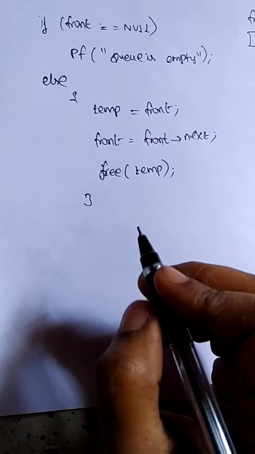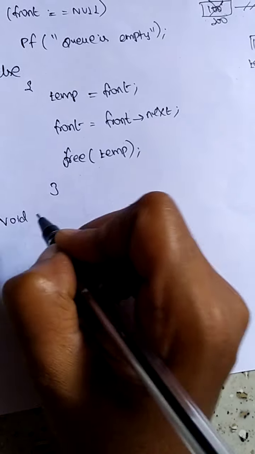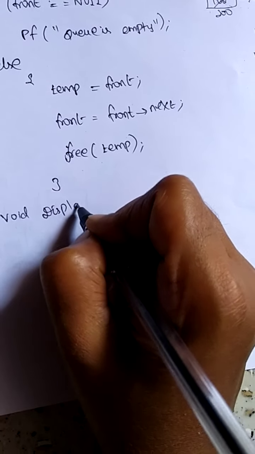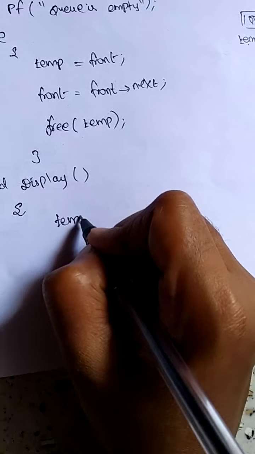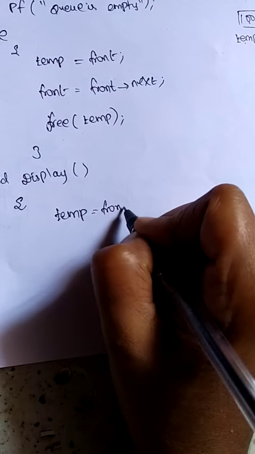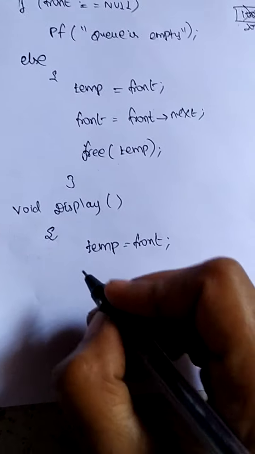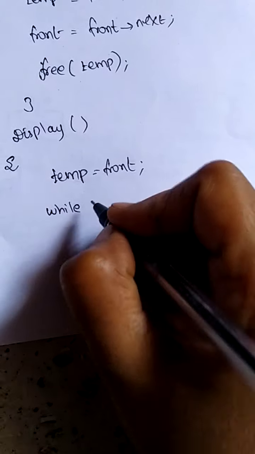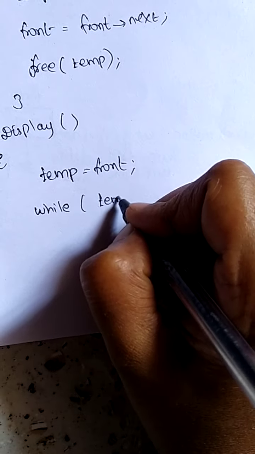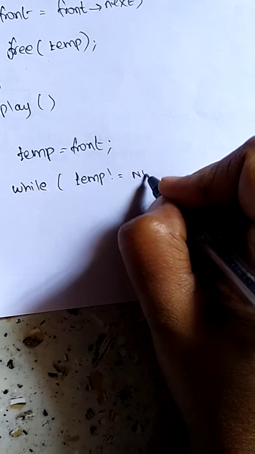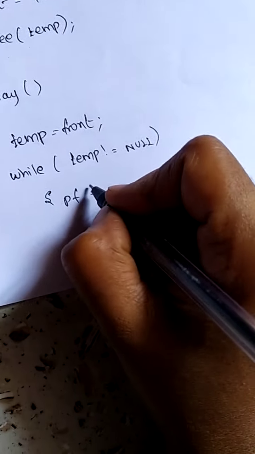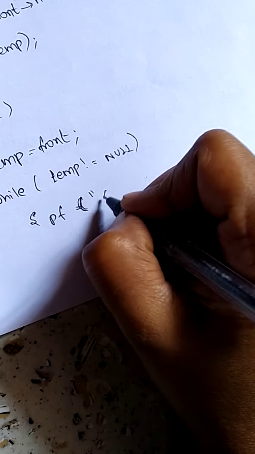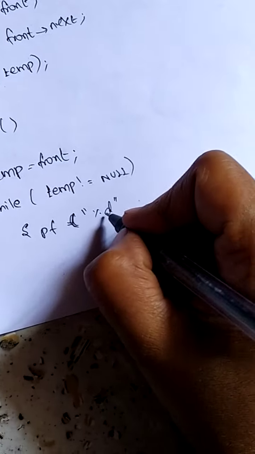Now how can I display the items? So void display. Create a temp pointer and assign the front value to the temp pointer. Now, same condition as we have seen before: while temp is not equal to null, printf percentage d, temp of data.